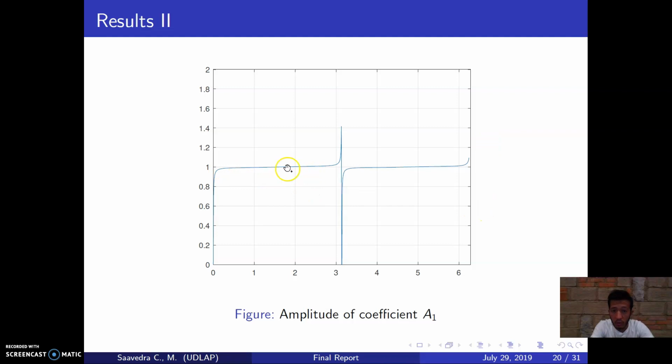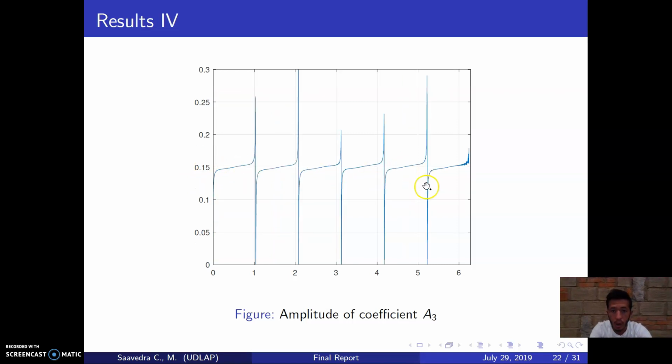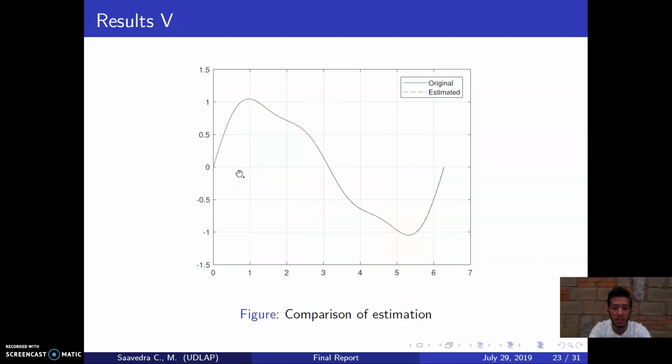Well, for A1, as we were expecting, we obtained 1, and this is a result of the indeterminate, but here we have a pretty good result of 1. A2, as we have expected, is near to 0.2, and here A3, 0.15, just like we have expected. So if we reconstruct this whole equation with these coefficients, we're going to have this comparison.